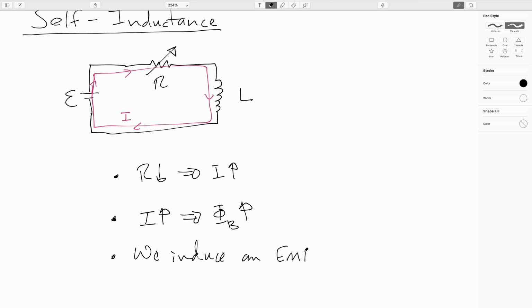The time varying magnetic field sets up an electric field that's a whole bunch of circles around the inductor. The electric field will be shoving charges around, doing non-conservative work. So sure enough, we induce an EMF.